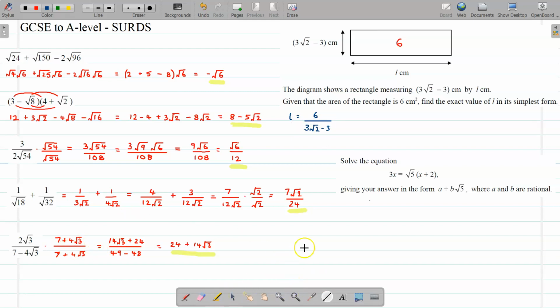I'm going to multiply the numerator and denominator by 3 root 2 plus 3 over itself. So 3 root 2 plus 3 over 3 root 2 plus 3.